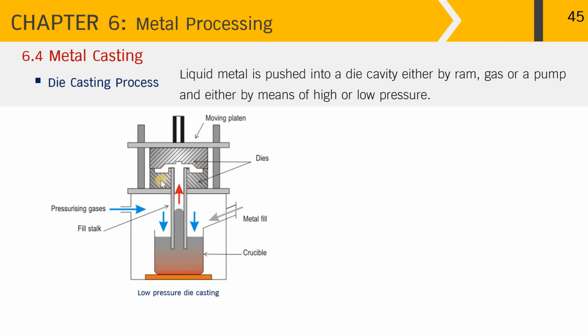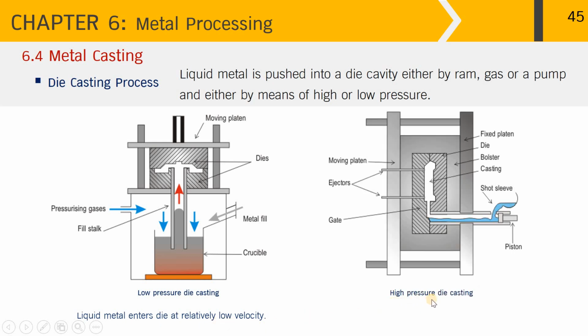The upper die and the lower die are attached by the platen. Once the metal solidifies in the die cavity, the moving platen moves up to allow the metal piece to be ejected. So for low pressure die casting, the liquid metal enters the die at relatively low velocity. And it is different from the high pressure die casting, where high pressure is involved in the casting process.